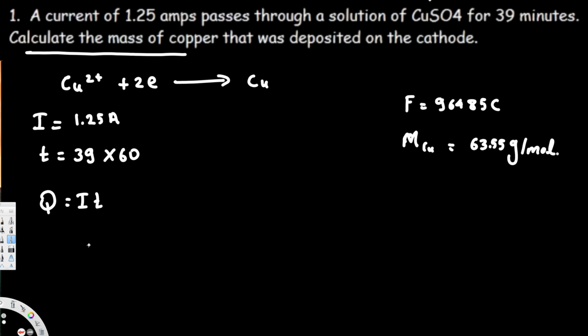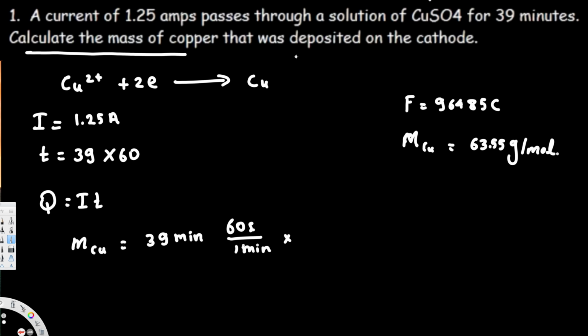Now m of Cu is going to be equivalent to 39 minutes times 60. Maybe I keep the units also. So 39 minutes, and in 1 minute we have 60 seconds, so 60 seconds over 1 minute, and then we have 1.25 ampere.